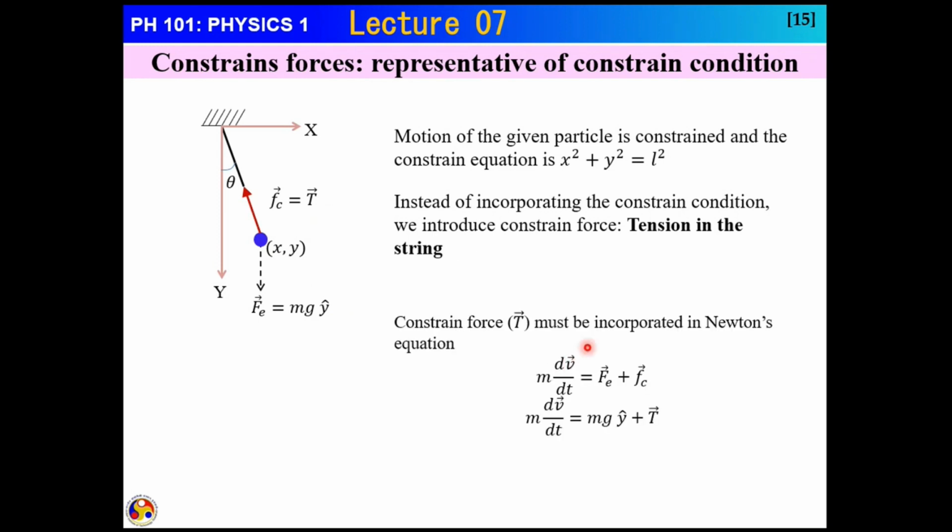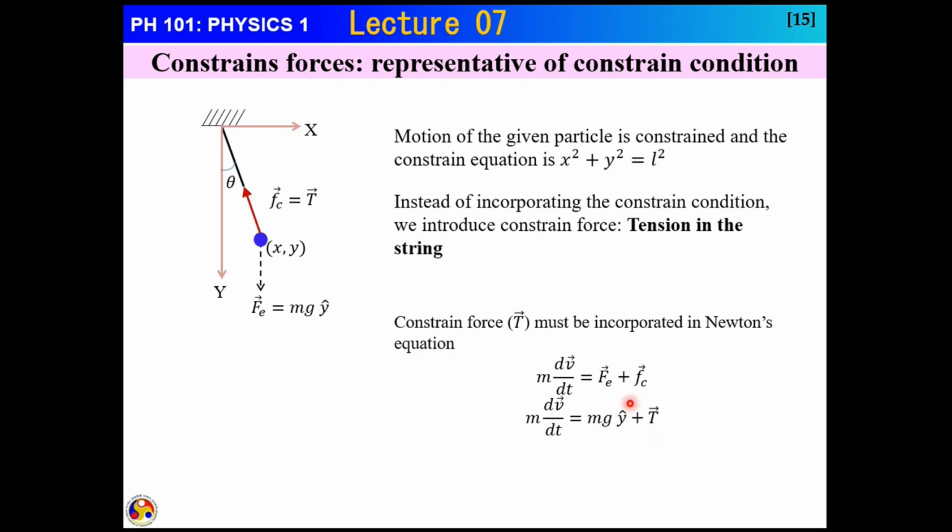So the constraint force must be incorporated in Newton's equation, and then you have to write like this. So m dv by dt is equal to mgy plus T in the vector form. Probably you have done this one component-wise, but if you write this one in the vector form, it is like this.